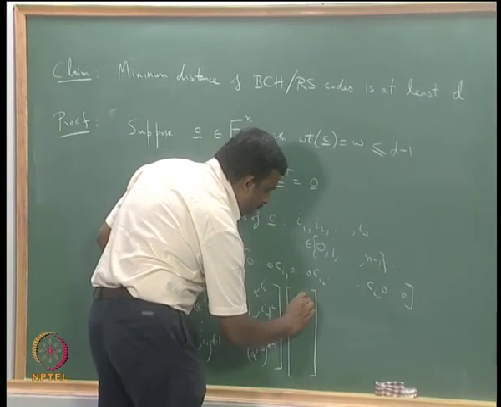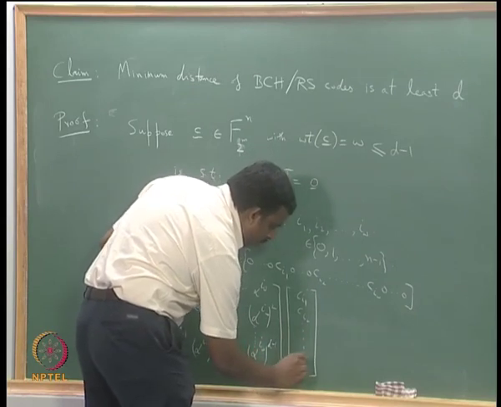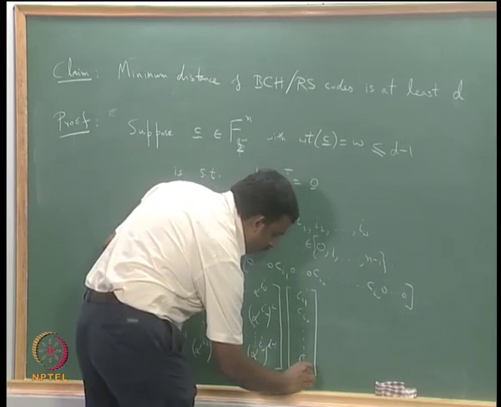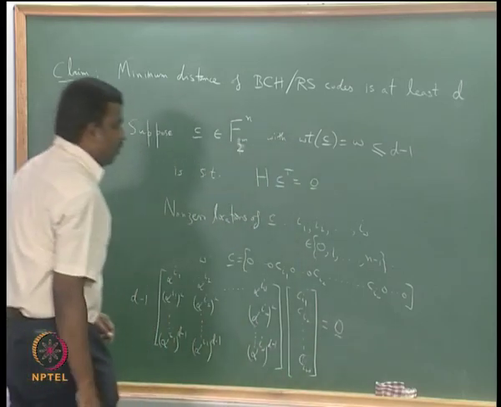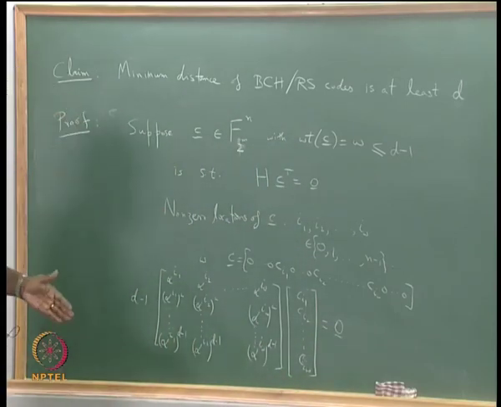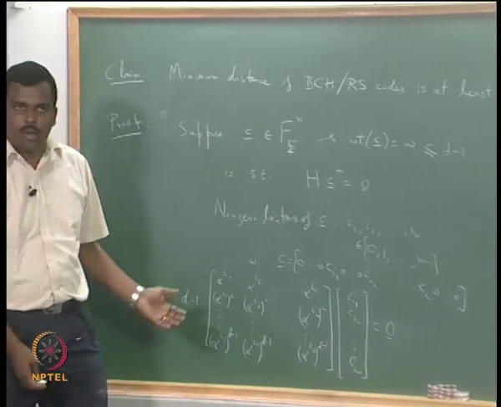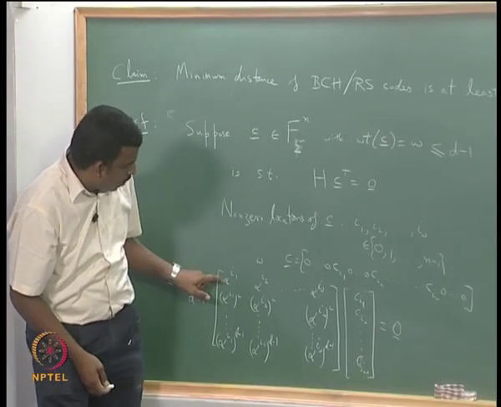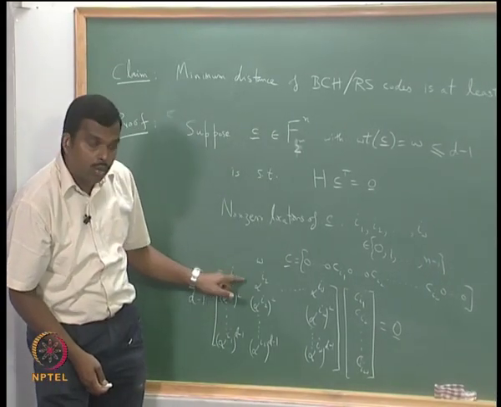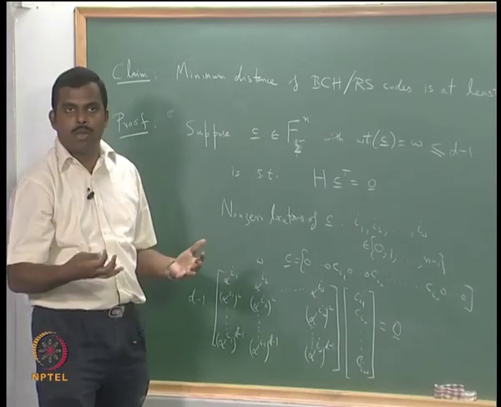Times C i1, C i2, up to C iw, equals 0. When it says 0, it is the all-zero column matrix. Is this clear? You can go back and check that. What I might have written here is alpha power I1, alpha squared power I2, and so on, but I can bring the I1 inside and take the square outside. It is the same thing.